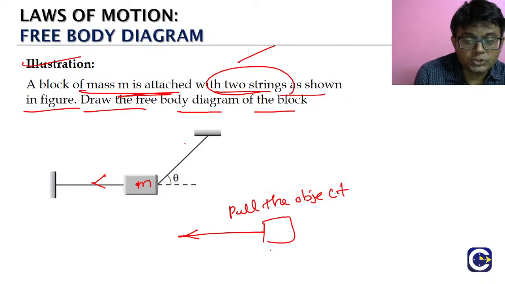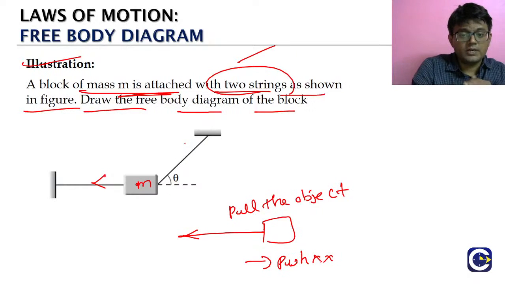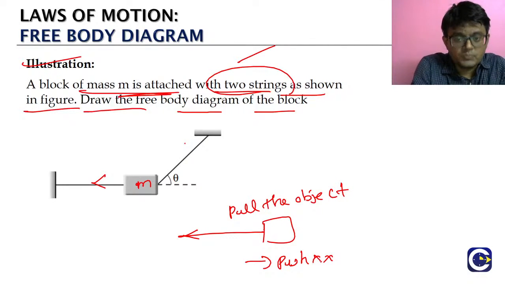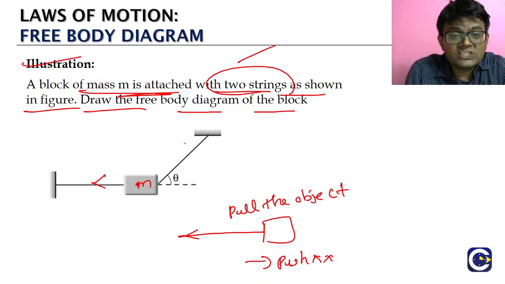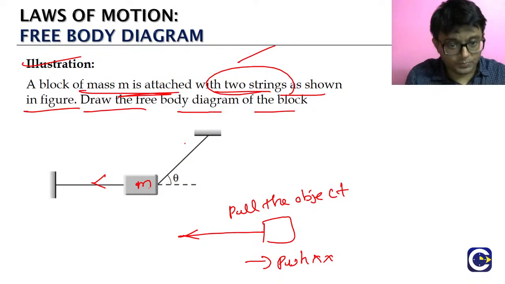Rope cannot push. Can the rope push? Rope cannot push, it can only pull the object. So if you connect any object to a rope, the tension force acting on the object will always be into the rope. Okay?